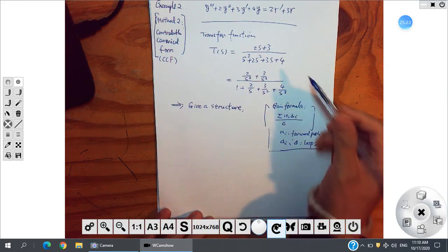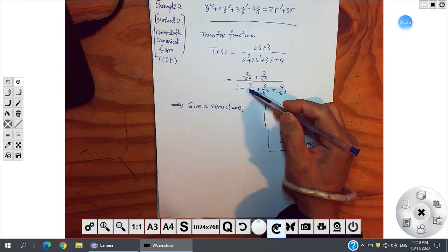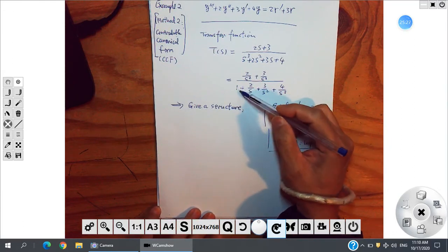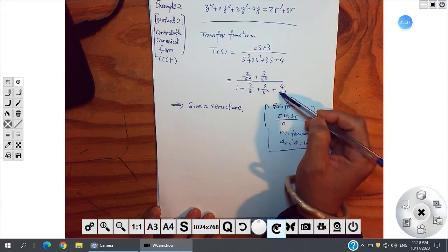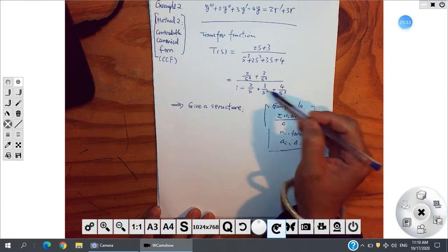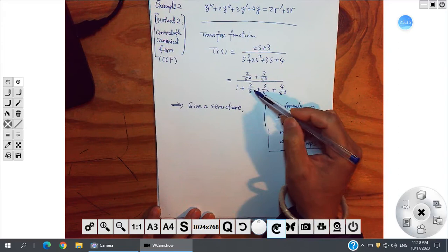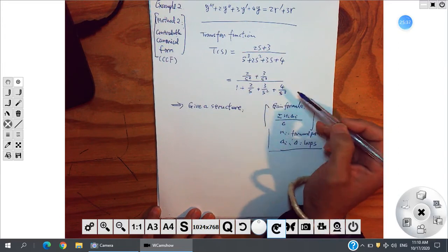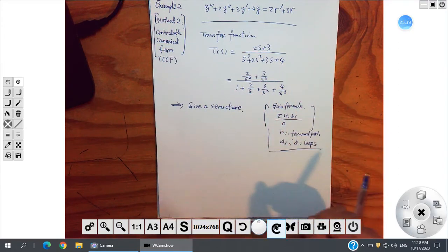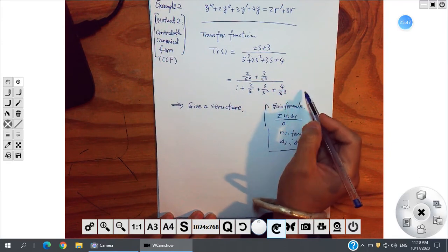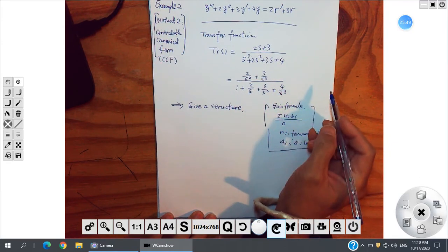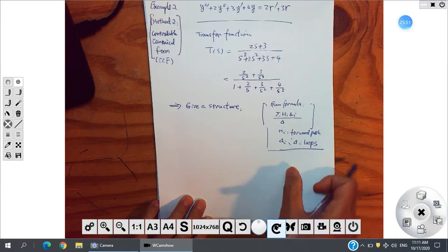Here, for simplicity, suppose there are no separate loops. All the loops touch together, they have some common part. Then we only need to consider single loops. No loop pairs, no loop triples. Okay, so we can work like this.